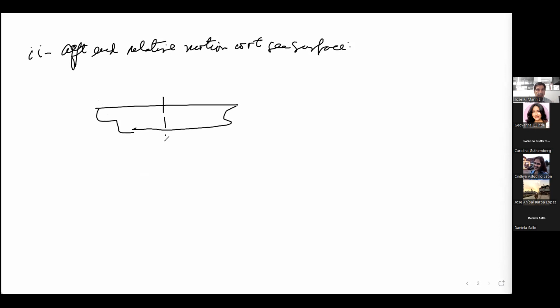Here I have midship. I have X like this. This is Z. I have eta 3. I have eta 5. And since I'm going to calculate the RAO, I have to consider a regular wave.